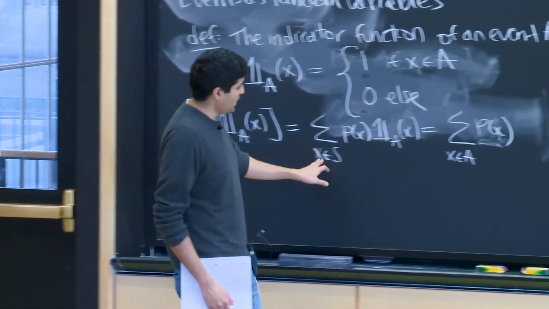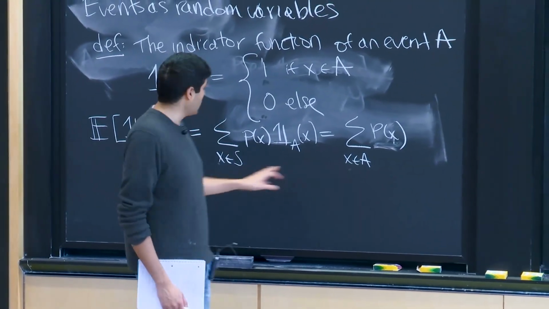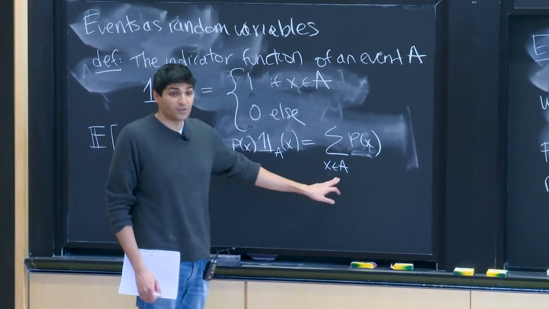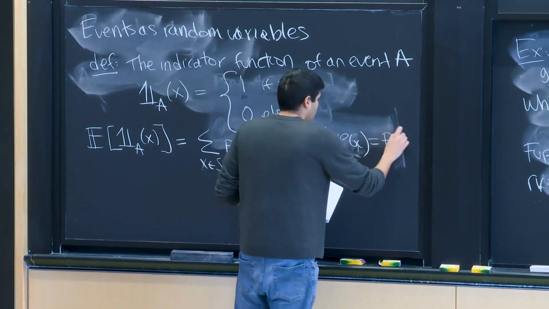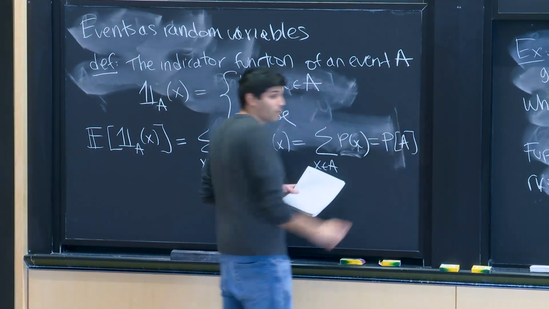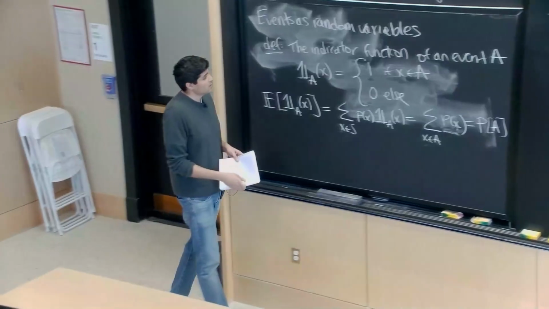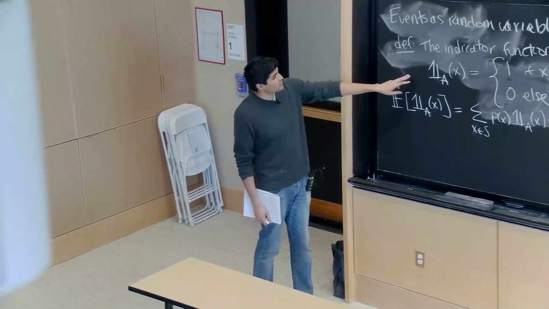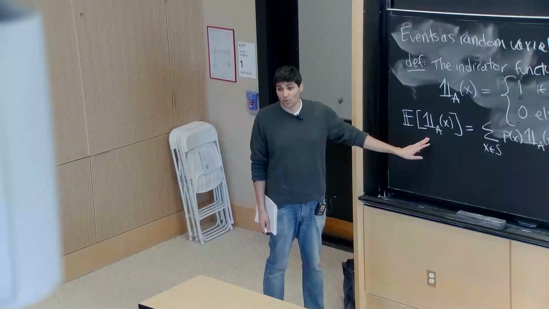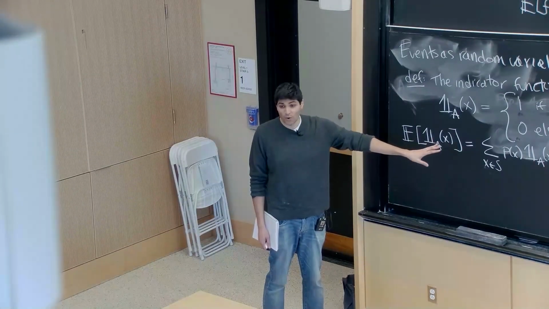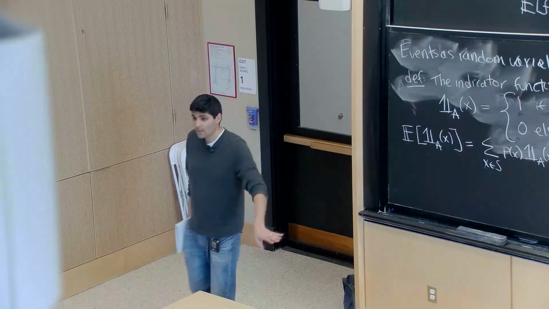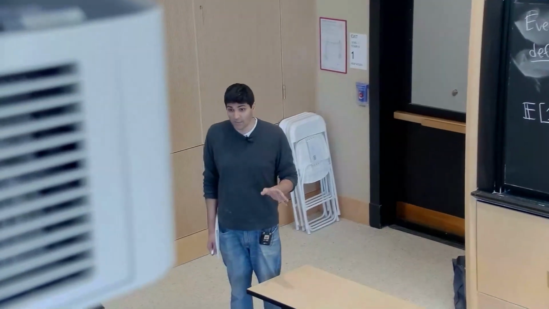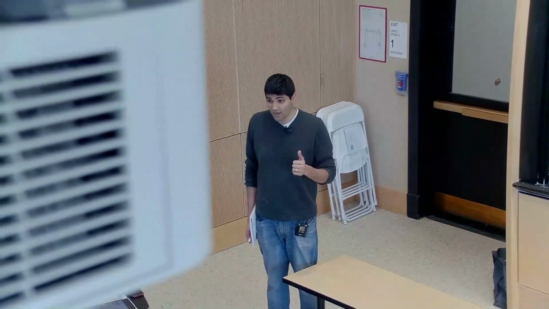This way, I change the subscript of my sum from being over all outcomes to only the outcomes in my set. And the nice thing is that we get back the probability of the event. So you can see that we can use random variables as a placeholder for computing things like the probabilities of events just by looking at their expectation. This is just a bunch of bookkeeping. Does this make sense? Any questions?